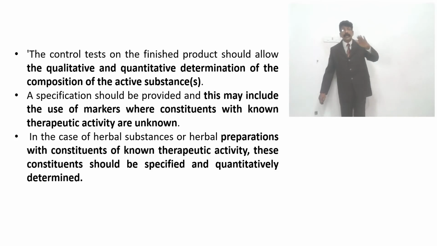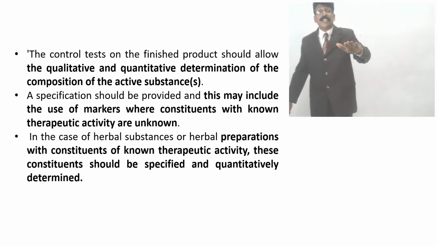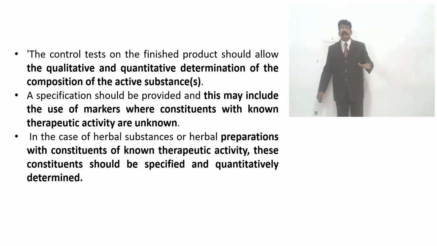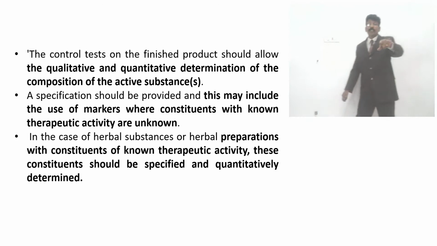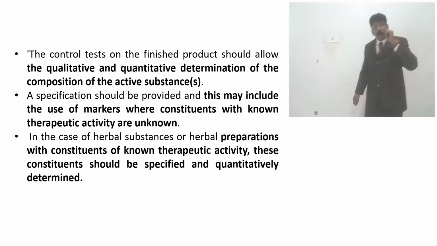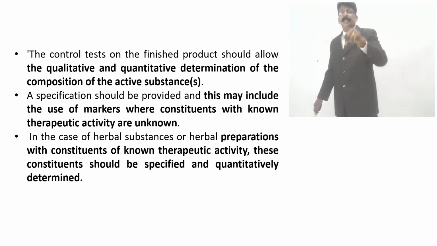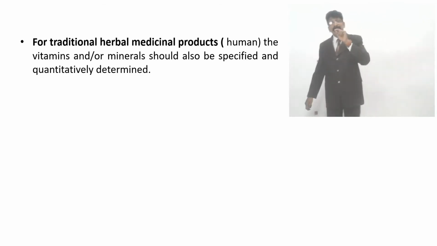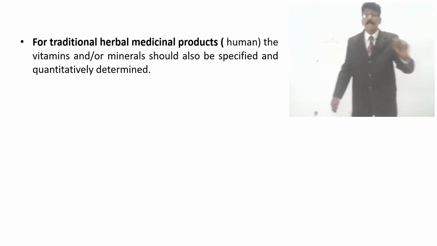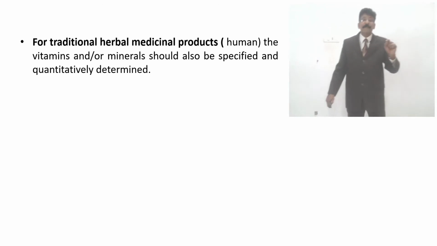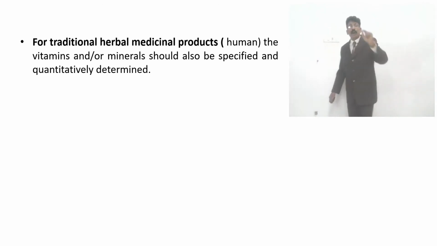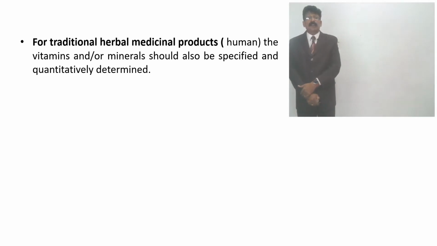In case the herbal substance or herbal preparation has constituents of known therapeutic activity, these constituents should be specified and quantitatively determined by assay. For traditional herbal medicinal products, the vitamins and minerals should also be specified and quantitatively determined.